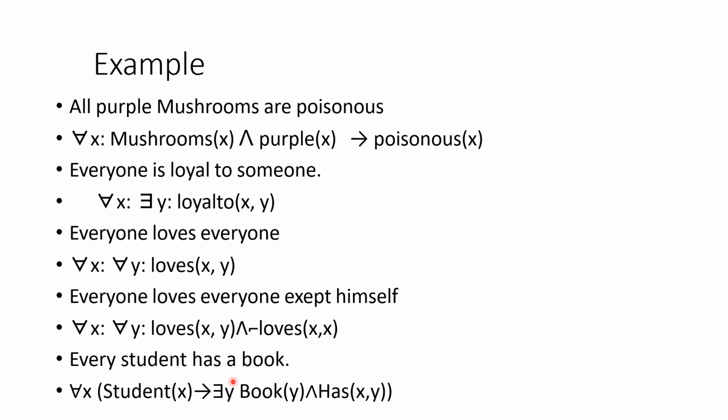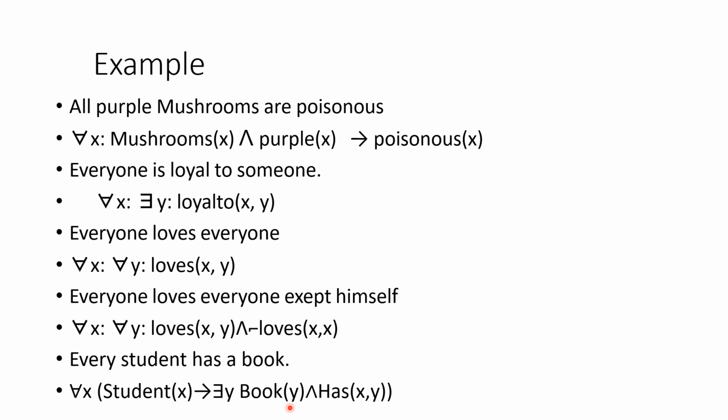Every student has a book. So that means all students have a book. So for all x, x is a student, so student of x implies that he has a book. How can we write book? We can represent it using another variable. If any particular name is specified, then we can represent it as a constant; otherwise, we can represent it as a variable.